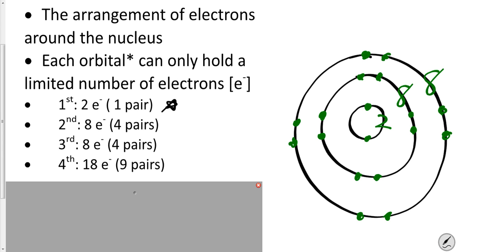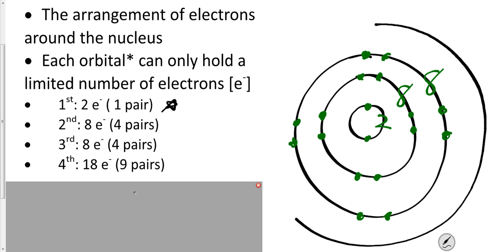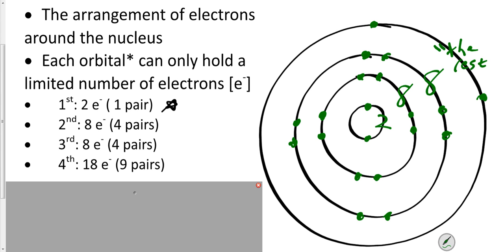And the next ring out can hold 18, but the most we're ever going to put into it is 2. So rather than drawing all 18 here, I'm going to label it as the rest. There's only 2 electrons that we'll put out there, and so that's that.